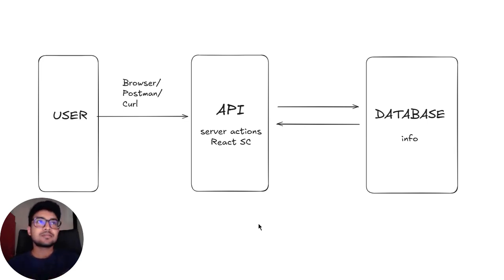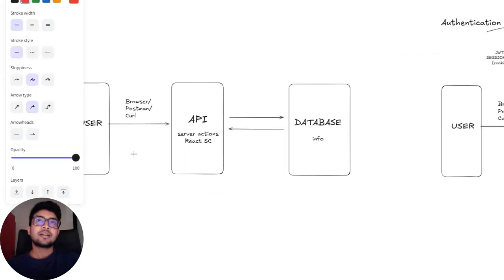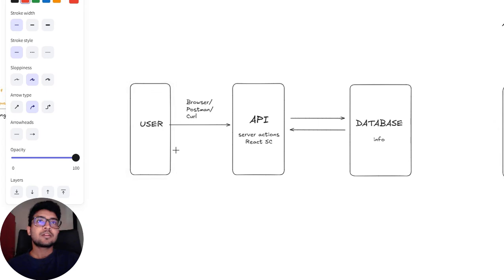Imagine this scenario: your app has a database which holds all of your users' data, and it's very sensitive and private, and no one other than the user can access it. Let's take an example where you let any user access this database.